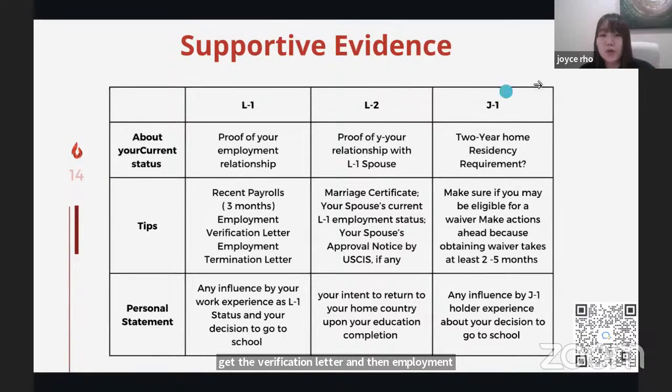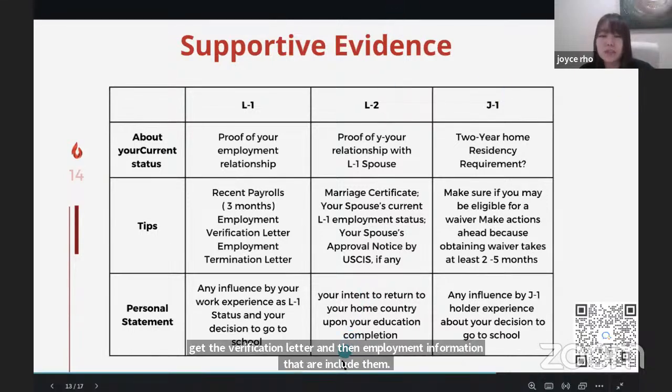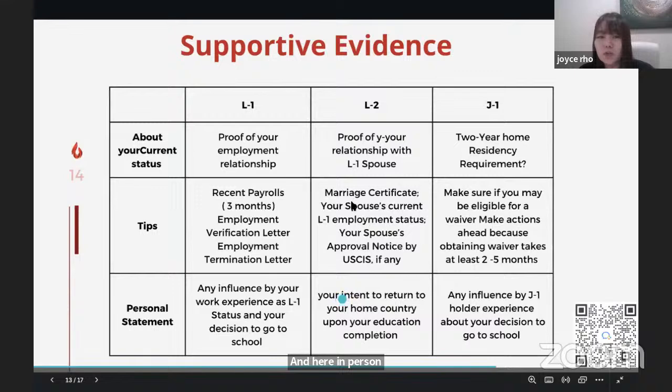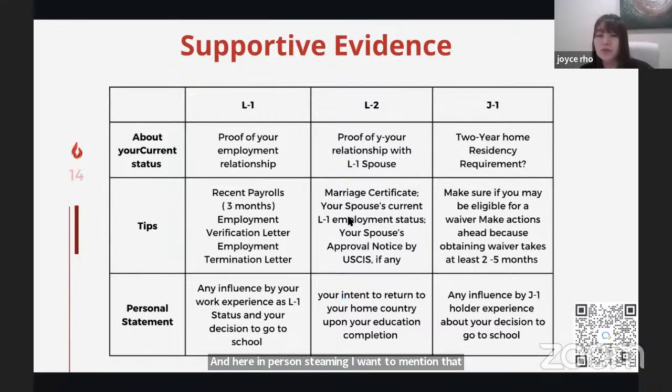And in the personal statement, I want to mention that because an L-1 visa holder is eligible to apply for a green card, a USCIS officer may think, oh, this person is able to pursue a green card, but why is he going back to school? They could think of that question. I'm not saying that L-1 visa status is a negative impact for a change of status. I'm not saying that, but they could think of the L-1 holder's possibility to become a green card holder.